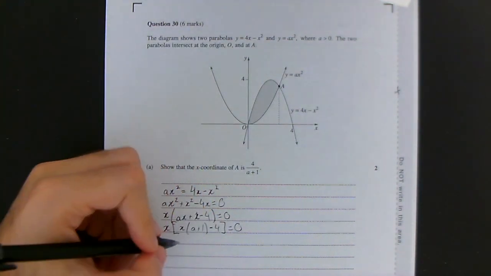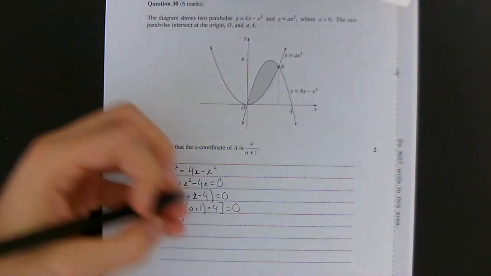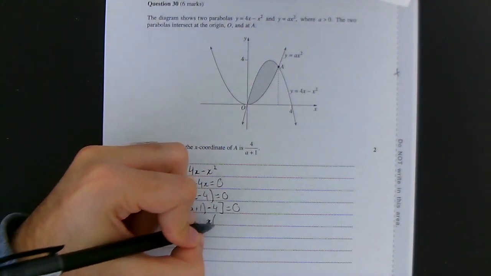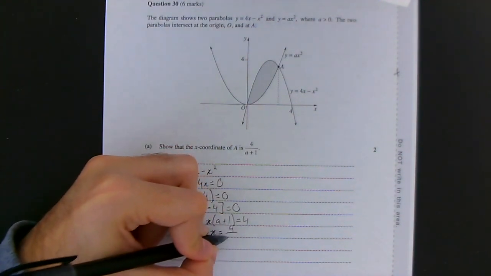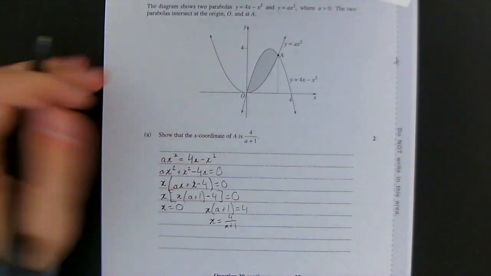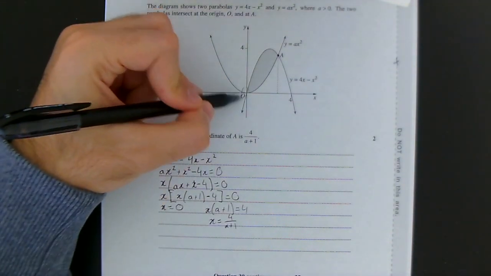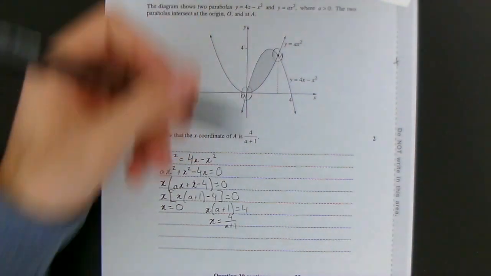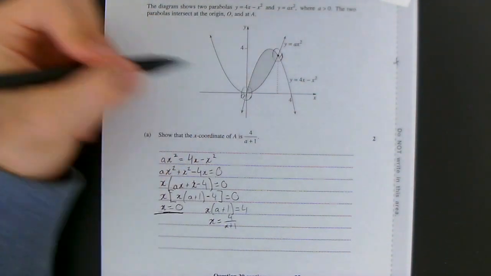So that means I'm going to get two solutions. The first one is going to be that x equals 0. And the next one is going to be that x outside of a plus 1 is equal to 4, or x is equal to 4 on a plus 1. Okay? And we know that they meet at the origin and some other point, which means that x equals 0 is relating to the origin.